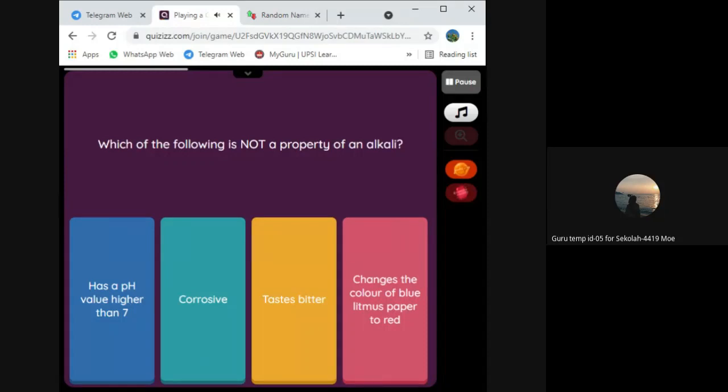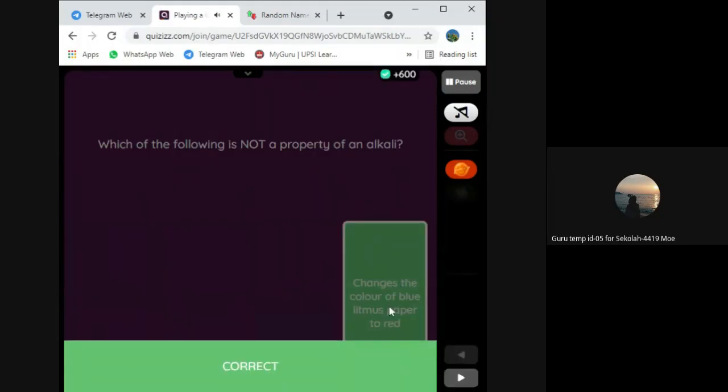Who wants to volunteer? Maybe unmute your mic and tell me the answer. Hana Sophia. Change the color of blue litmus paper to red. Okay, the red color. Is it correct? Okay, true.